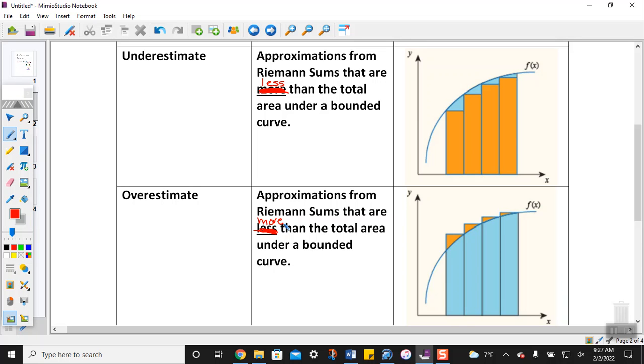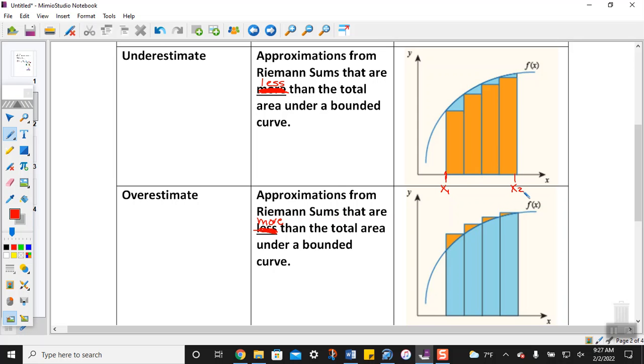Okay, so take a look at this right here. All of these orange bars. By the way, is this a left-hand sum or right-hand sum? It's a left-hand sum. All the left points are touching the graph, okay? These areas in orange represent an approximation from, I'll call this point, say, maybe x1, and call this point x2 down here.